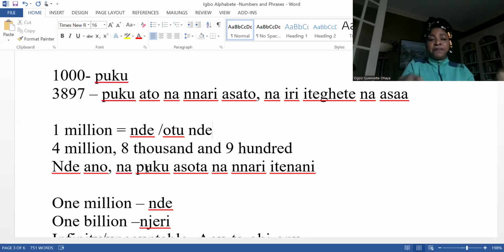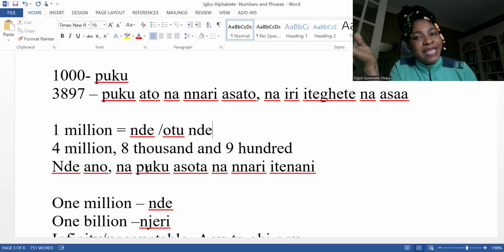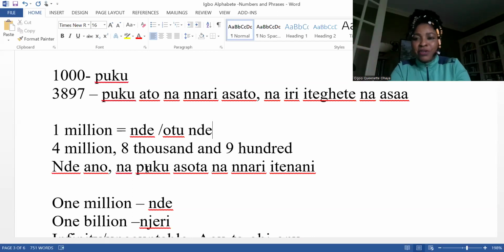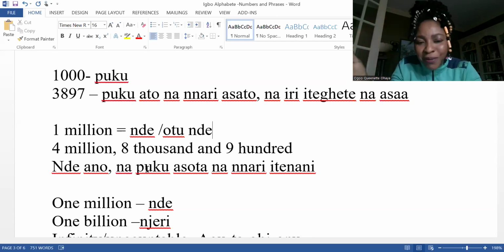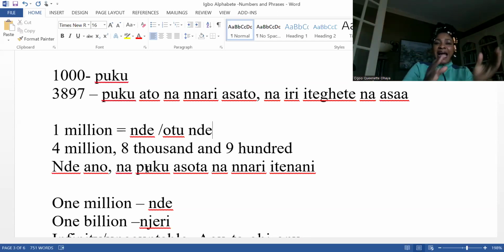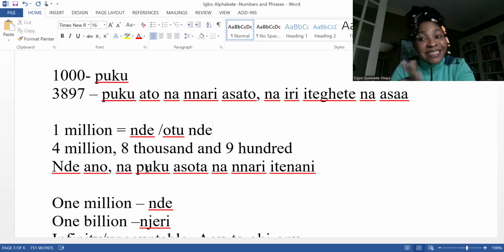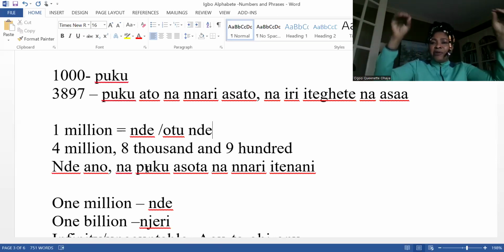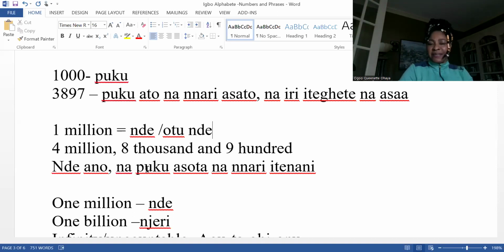Nde anọ. You know what is 1,000? 1,000 is puku, right? Now, this one is 8,000. Nde anọ, 8,000 should be what? Puku asatọ. You see that? And then 900 is what? 100 is what? Narị. So if you break it down like this, it will be easier. Now, 900 will be what? Narị iteghete, or narị itolu, or narị itenani. That's how you break it down and you won't miss it. You should get it. Okay.